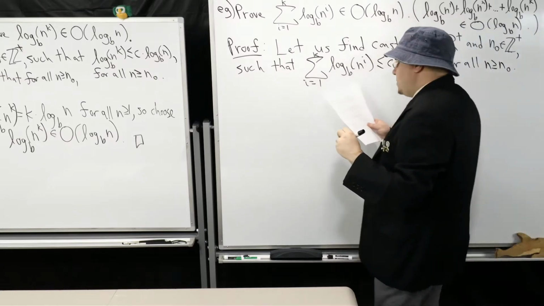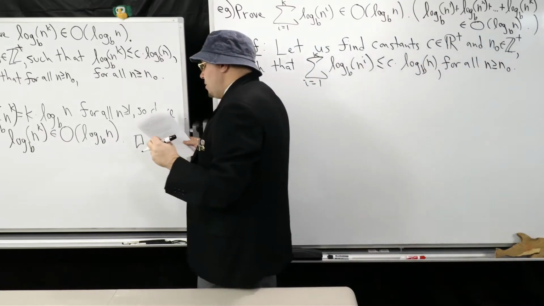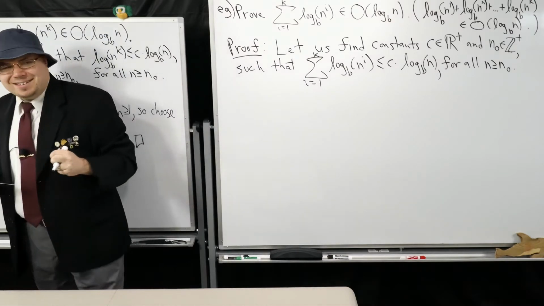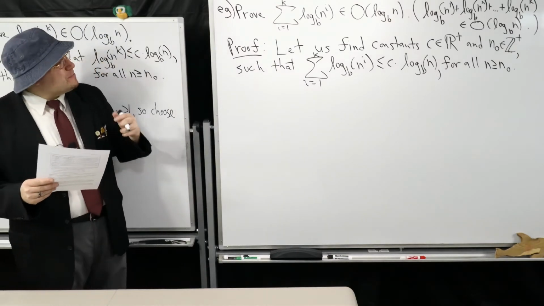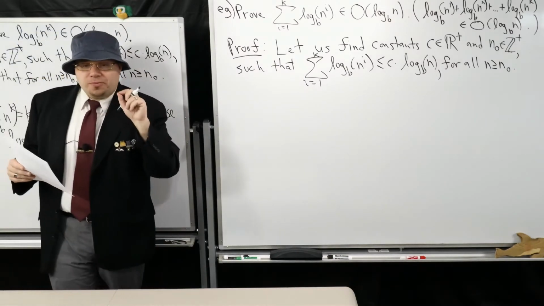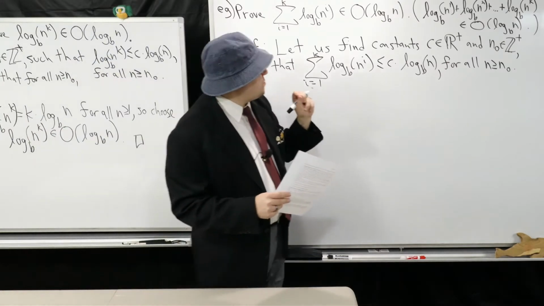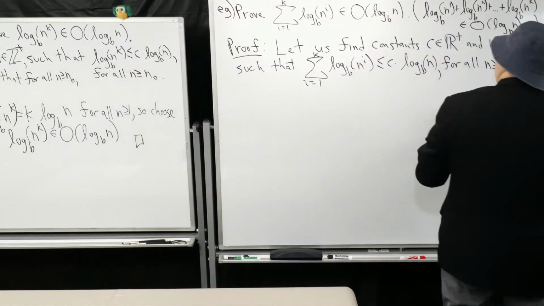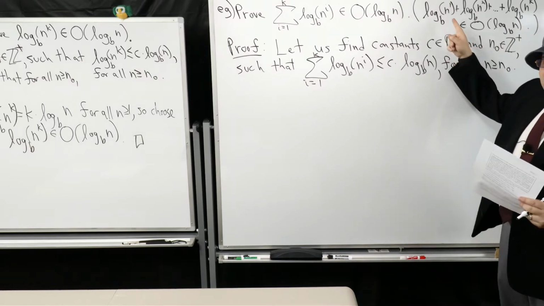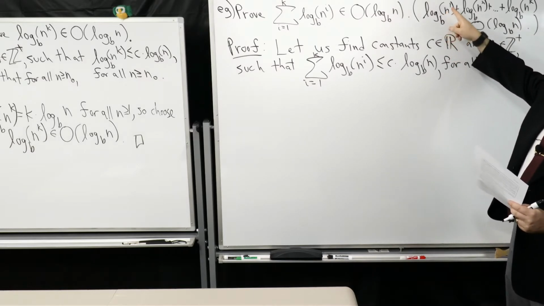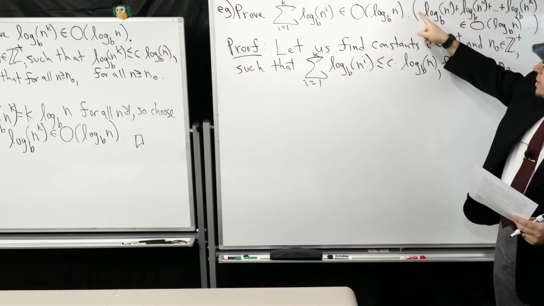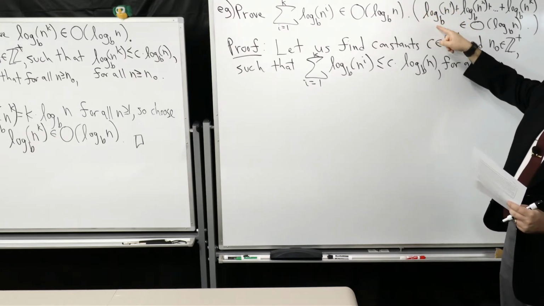So you might ask, Dan, what should I pick for the constant? Now I'm going to give you the intuition up front, and then we're going to see how this works. You'd agree with me that this exponent here, this 1, by the power rule, should go right here, right? So I have 1 times log base b of n.